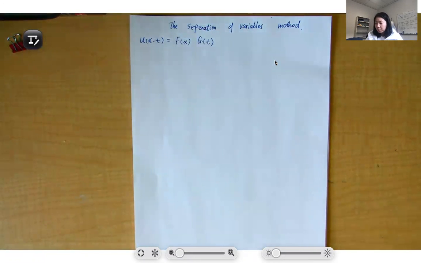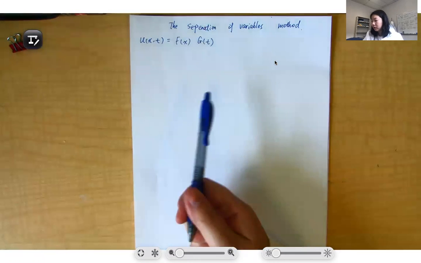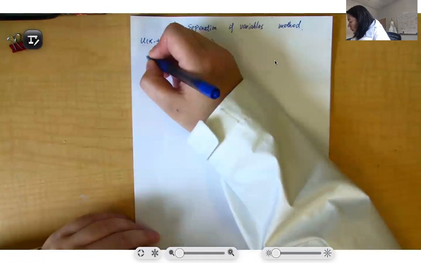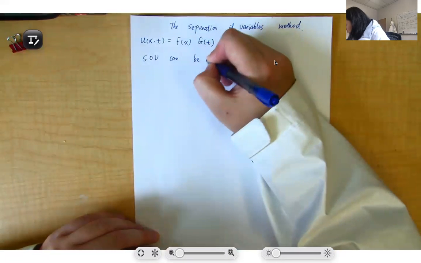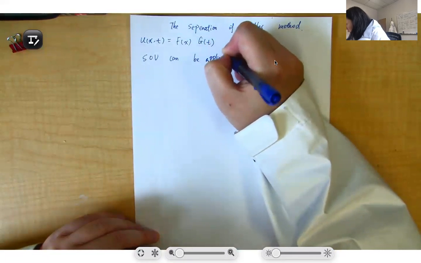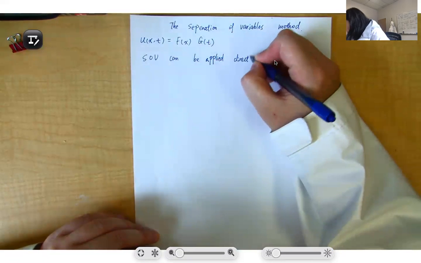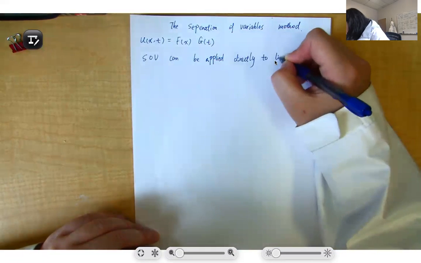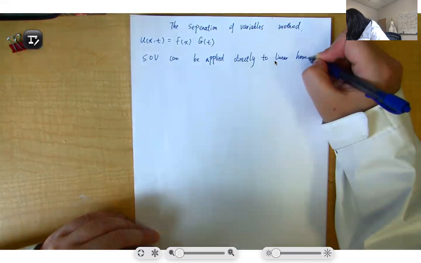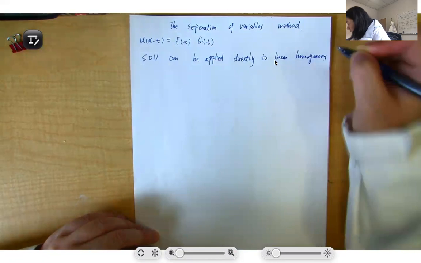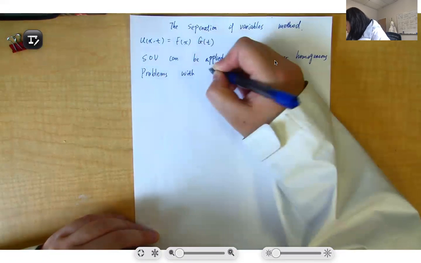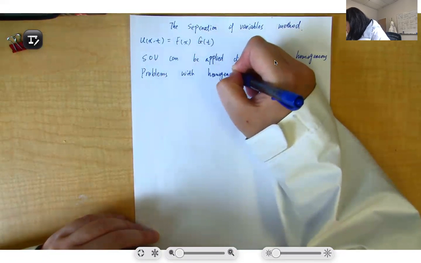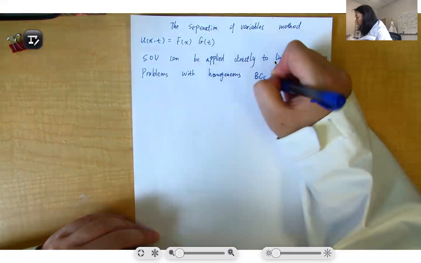Then what kind of problem can we use the separation of variables for? The SOV, separation of variables, can be applied directly to linear homogeneous problems with homogeneous boundary conditions.